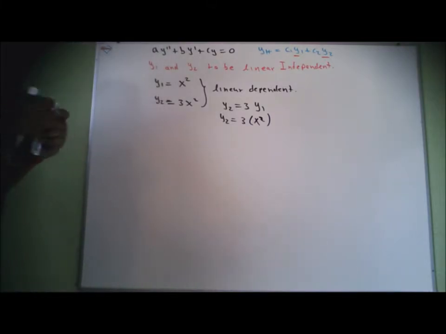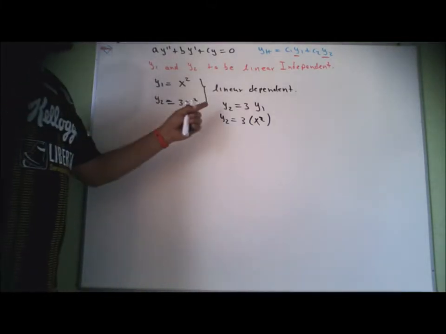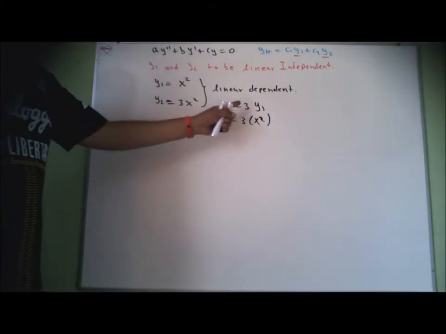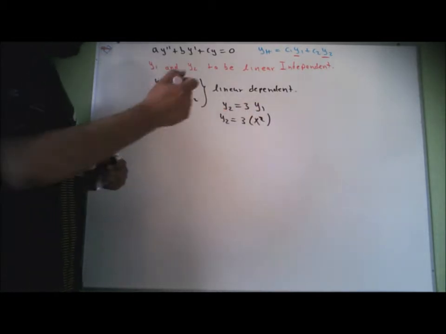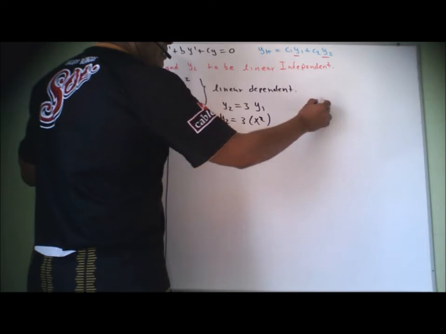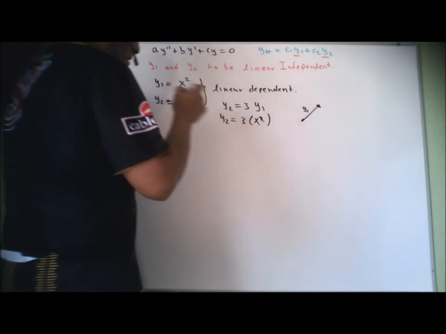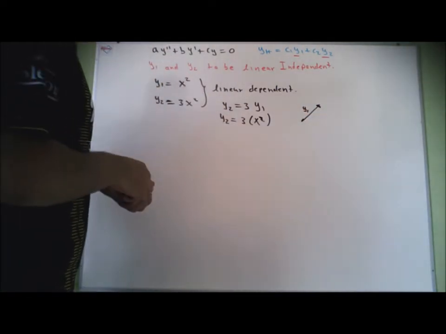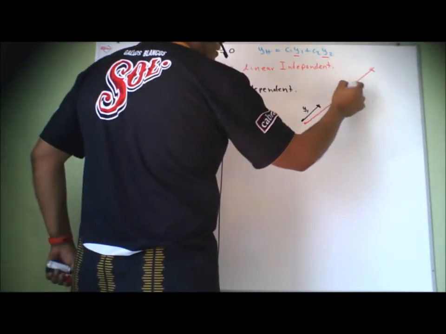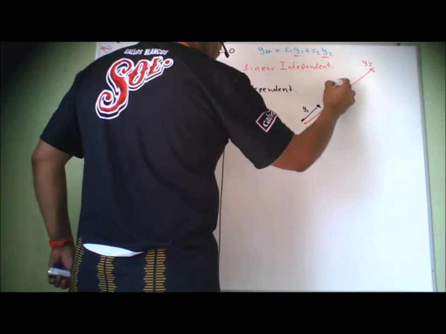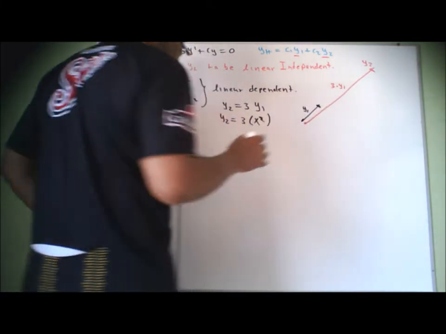So the second solution is 3 times my first solution, x squared. That means I can build the second solution with the first solution times a constant. My first solution is y1, and my second solution is just 3 times my first solution.